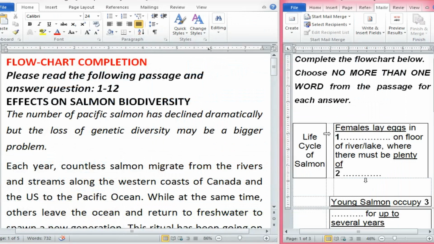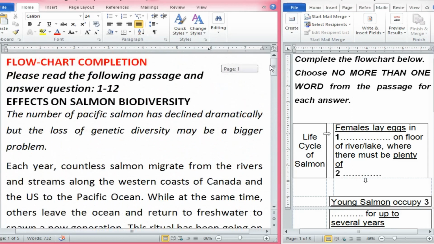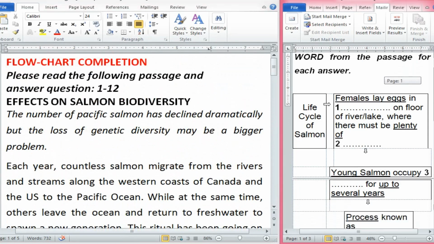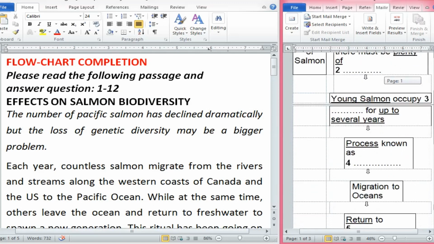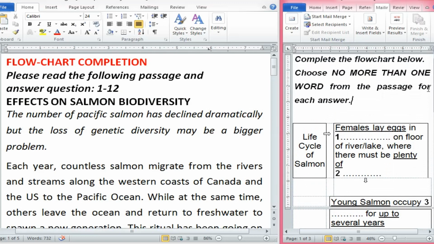So you can see on your screen, this is the question. As you can see, the question involves one passage. So you can see this is the passage. This is the entire passage, and this is the question. Just for convenience's sake, I have divided it into two parts. If you appear for the computer based test, you'll get your questions and passages like this.